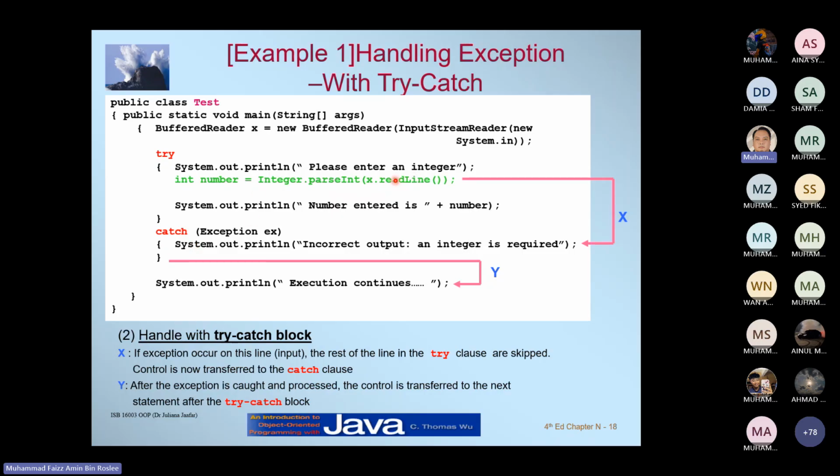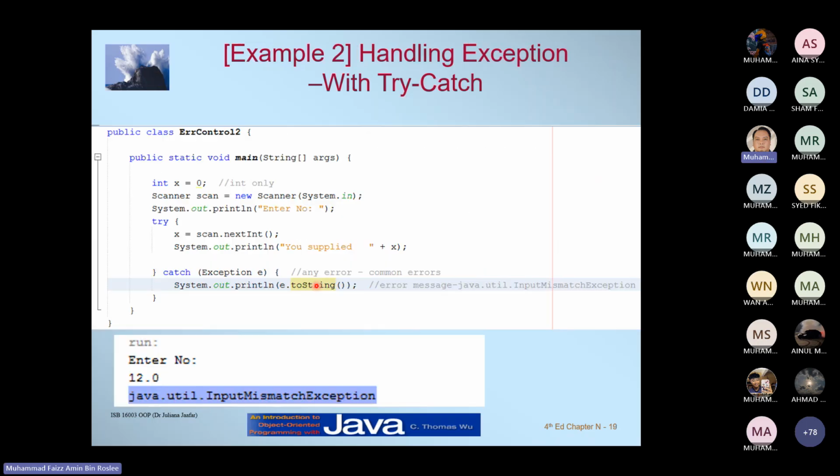It will stop in here, but it will continue at the bottom if you have any other code. For example, if you have System.out.println execution continue, it will go straight to that print out over here.